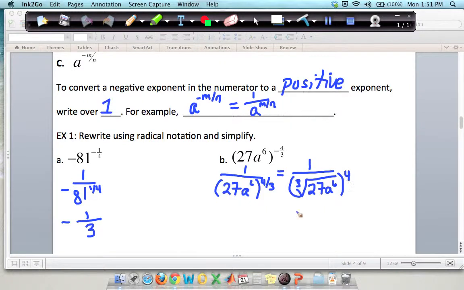So that is going to become 1 over, cubed root of 27 is 3, 3 goes into 6 2 times, and then remember we're raising this still to the 4th power. So I get 1 over 3 to the 4th power is 81, and then 2 times 4 is 8, so a to the 8th.